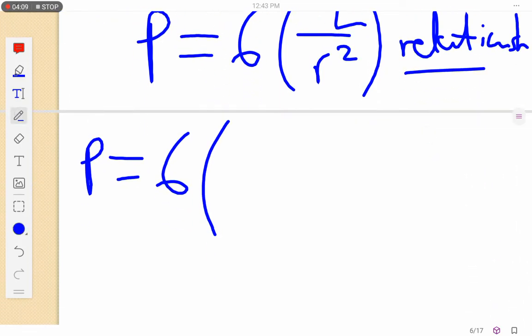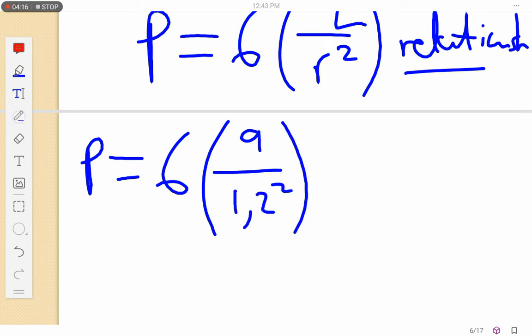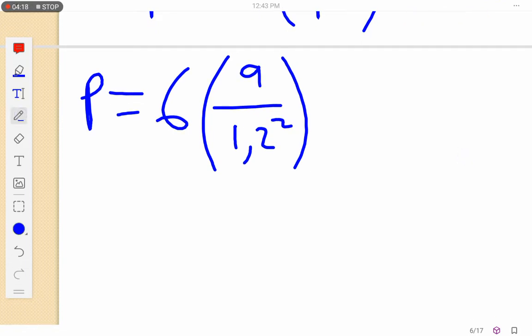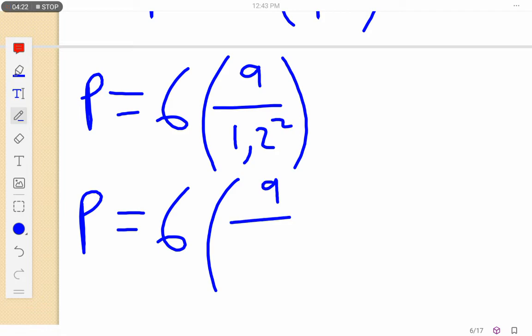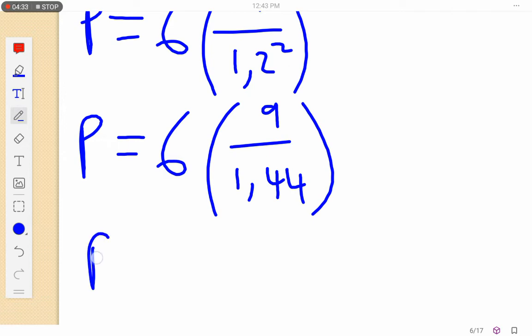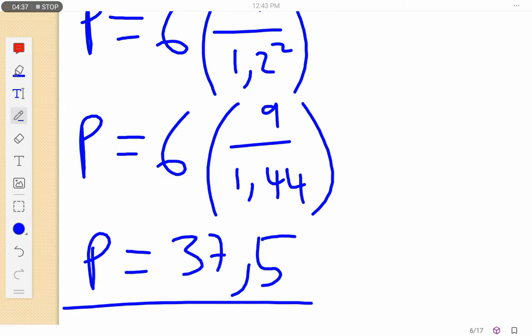So we have Q 9 over 1.2 squared. Let's simplify. I've got P is equal to 6 by 9 over 1.2 squared. I get 1.44. Dividing 9 by 1.44 and multiplying by 6, I get my P as 37.5. That's the P value.